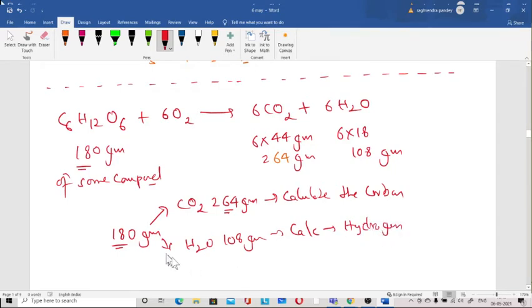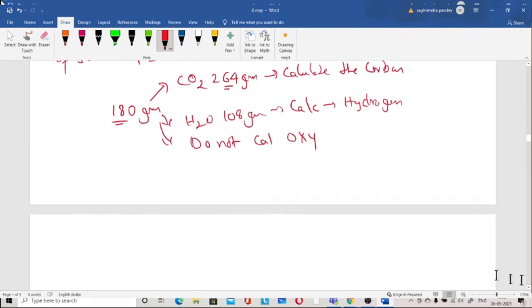Don't calculate oxygen because that will be very cumbersome. Only carbon and hydrogen you can easily calculate. When you have calculated carbon and hydrogen, then oxygen will automatically come because the rest of the mass will be of oxygen.